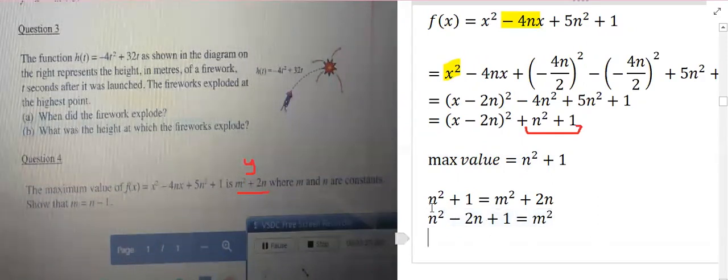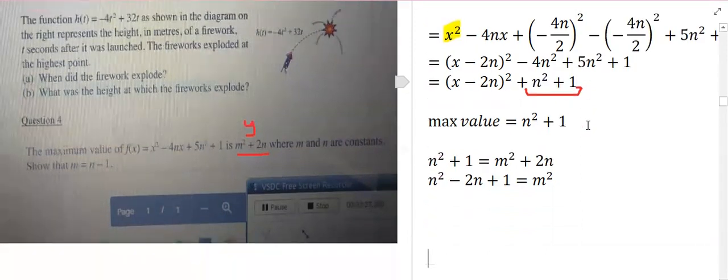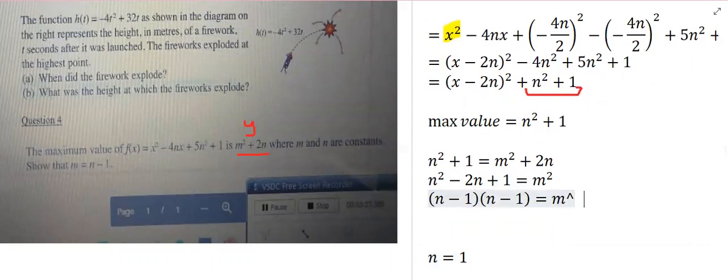Okay, this one I think I can factorize. Guna EQN dulu. EQN degree 2, A is 1, B is negative 2, C is 1. So I get 1n only, 1x only. Okay, this one I put aside. I get n is 1. So means here I should get n minus 1, n minus 1, m squared.